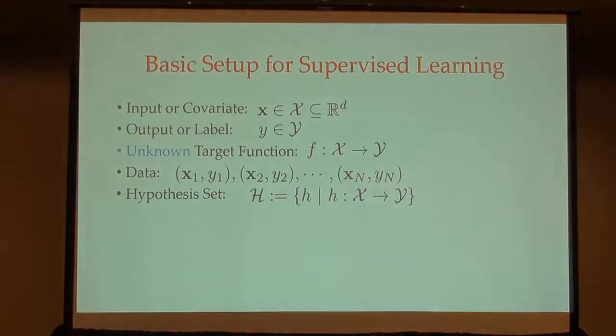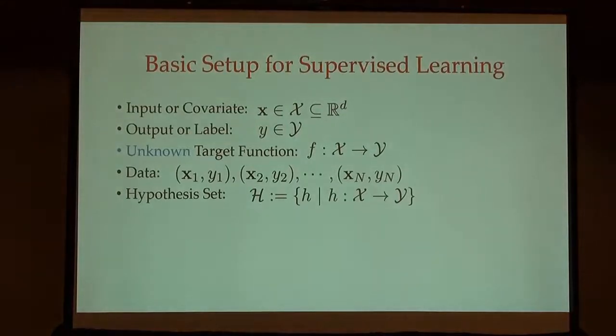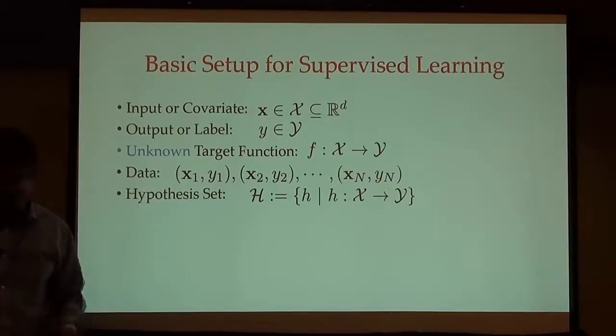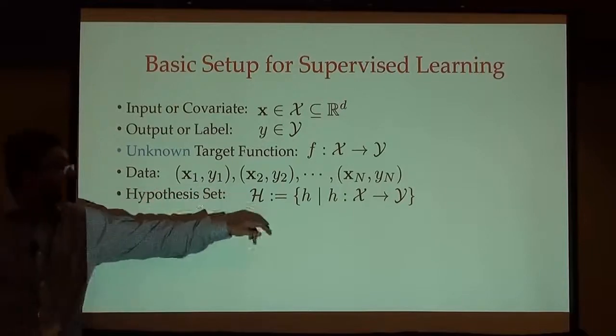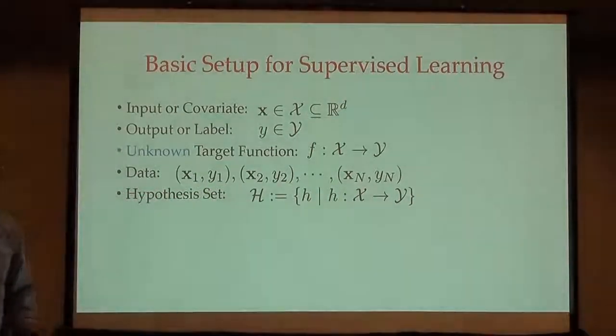Okay? This has to be true for learning to work. If that is not true, then learning will not work. It is not explicitly said, but that is an implicit hypothesis. And then you have your data, which I label here x1 to xN, and the capital N will always represent the number of data points.